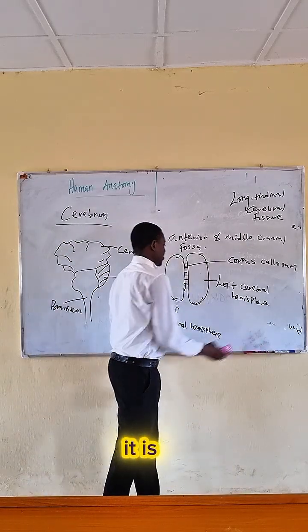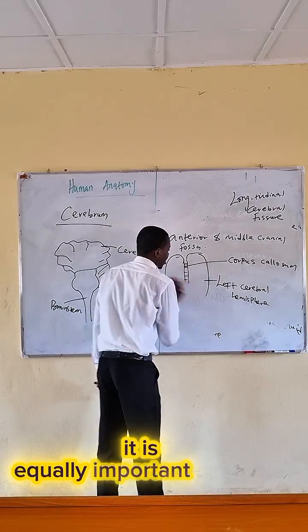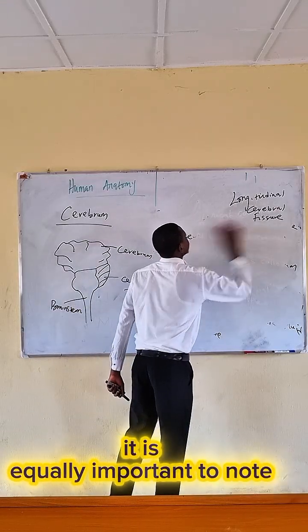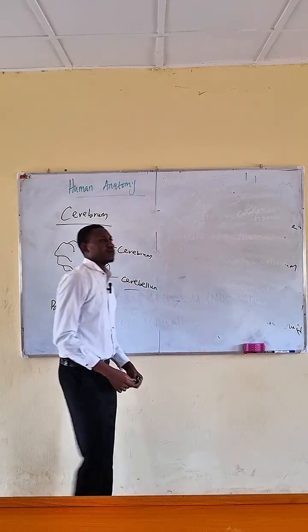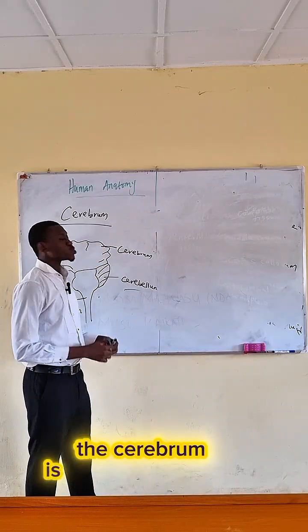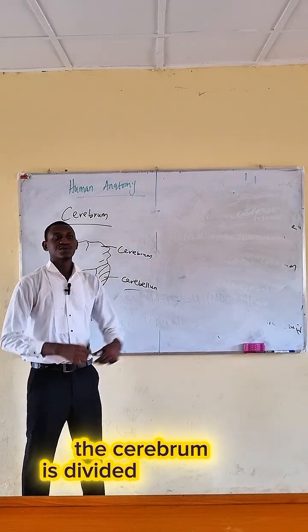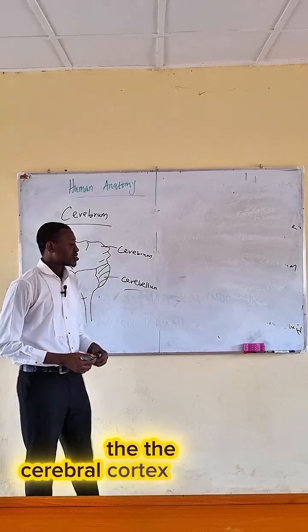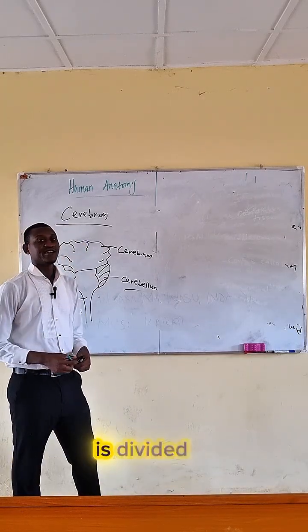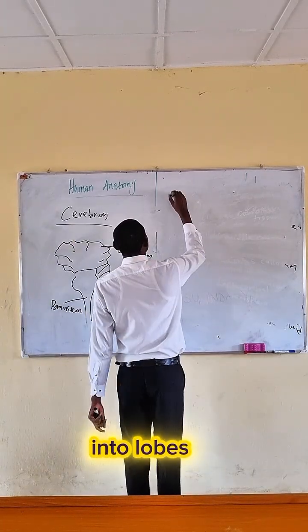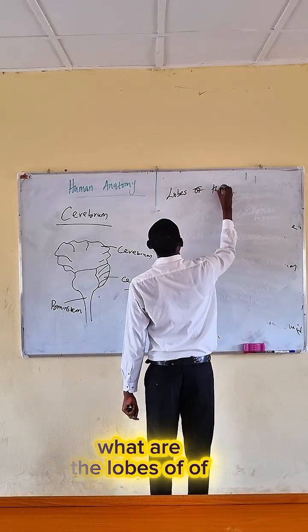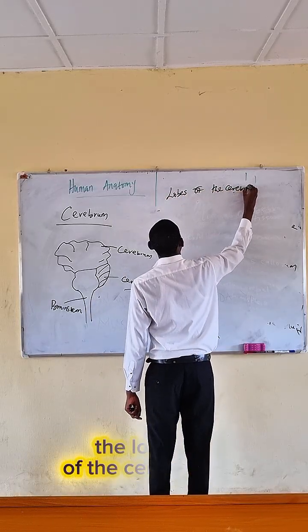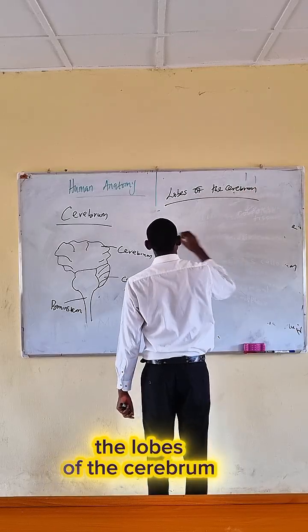So having said that, it is equally important to note that the cerebrum is divided into lobes. The cerebral cortex precisely is divided into what? Into lobes. So what are the lobes of the cerebrum?